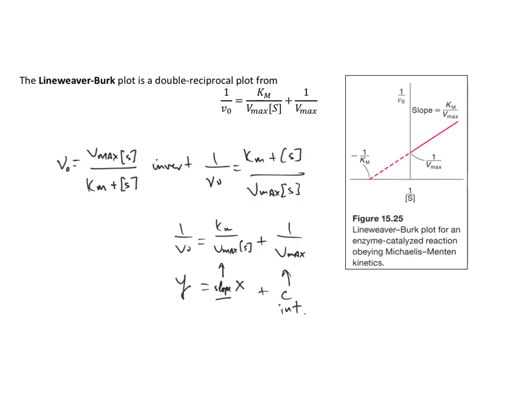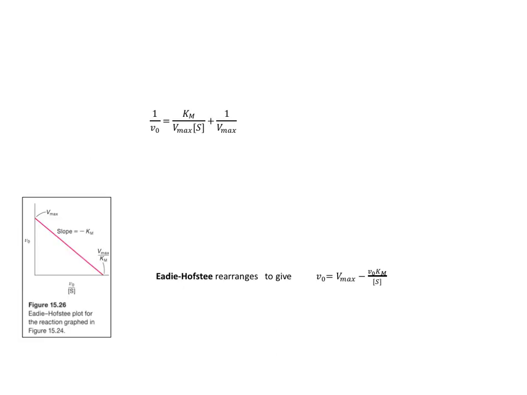So there's many alternatives. The one that the textbook looks at is called the Eadie-Hofstee plot, which takes the equation that I just showed you, and it multiplies by V naught times Vmax.